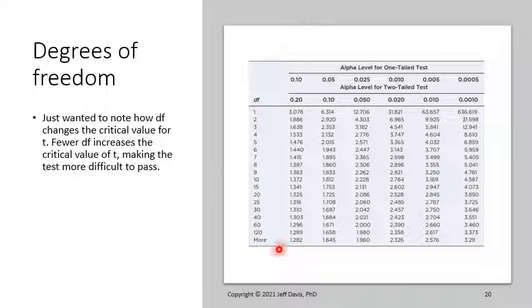But generally, let's look at how these numbers change as a function of degrees of freedom. So if you have 120 degrees of freedom, let's say you set the alpha level at 0.95 for a two-tailed test.